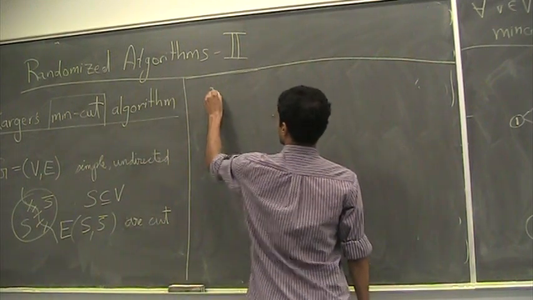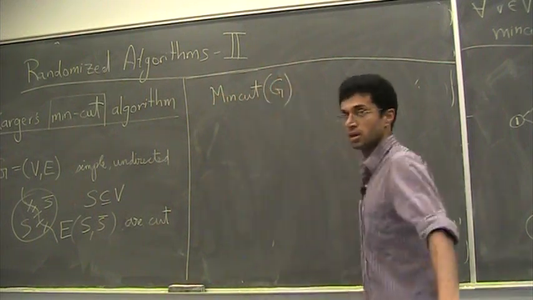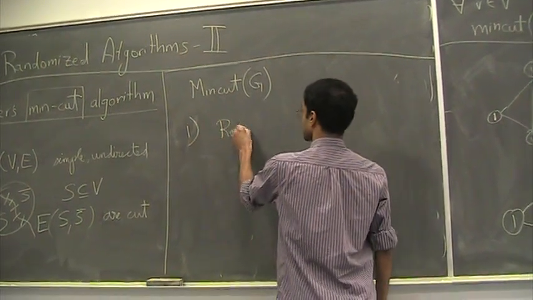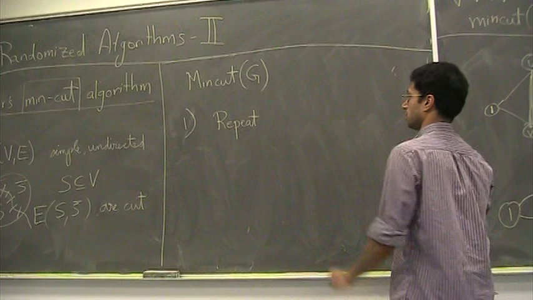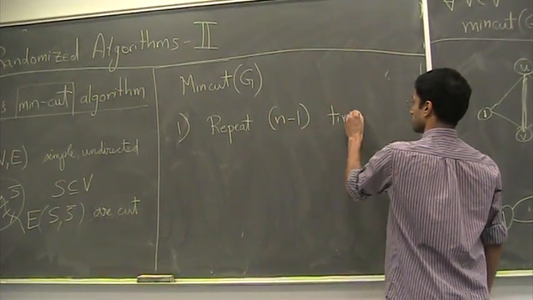So the Mincut algorithm is simply: repeat n-1 times.